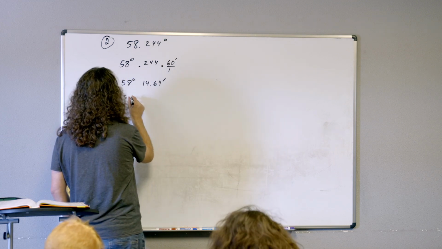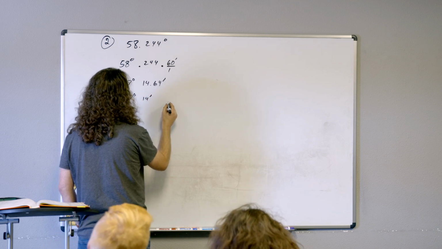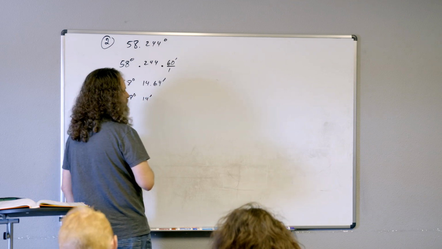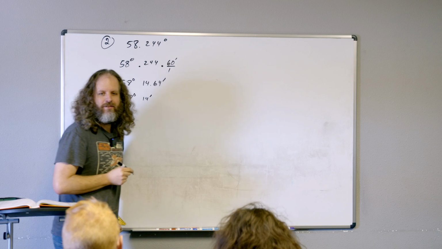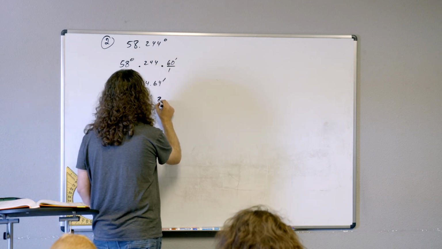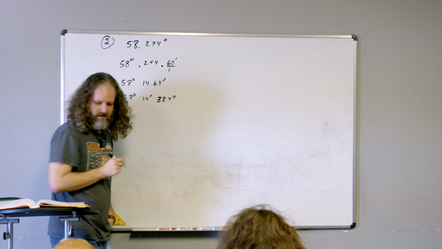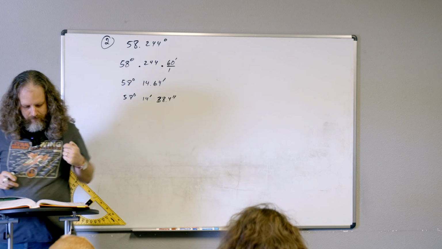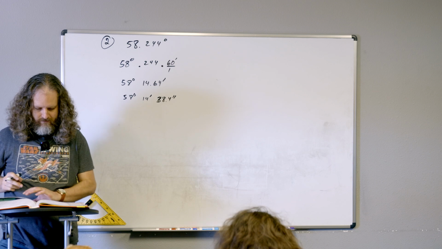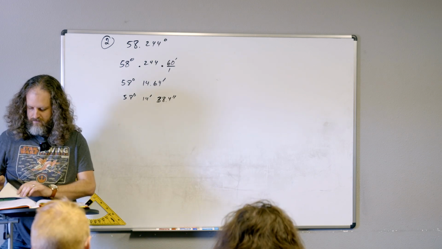So 58 degrees, 14 minutes, and 0.64 times 60 is 38.4 seconds. It said nearest thousand, and that's the thousandths at this point, or the seconds.